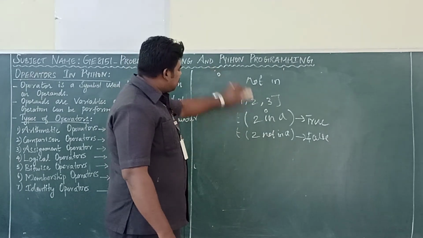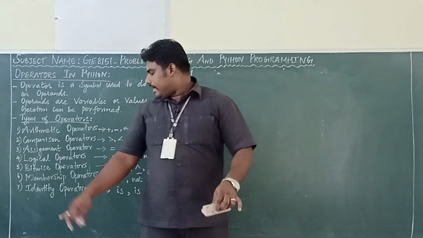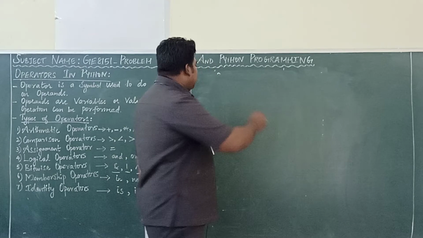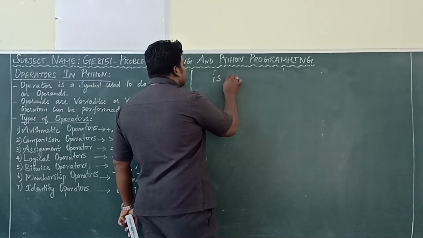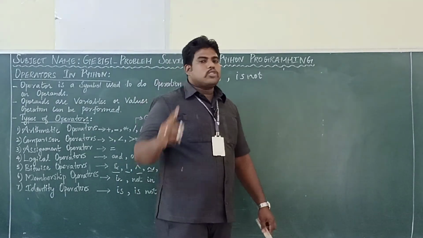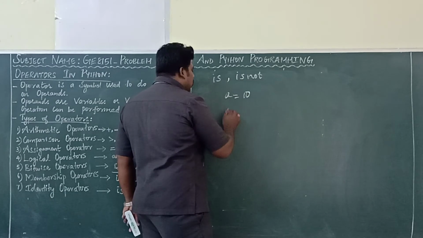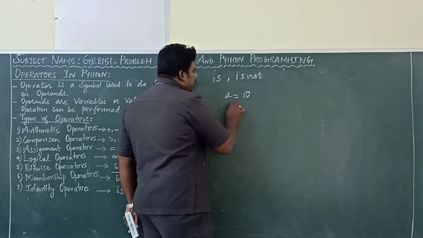Okay, the next one is identity operators: is, is not. In Python, there is one special feature. For example, A equal to 10 and B equal to 10.